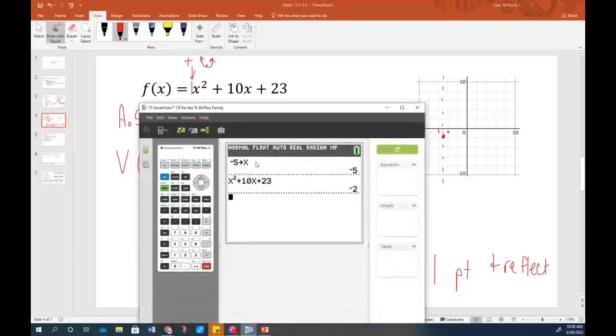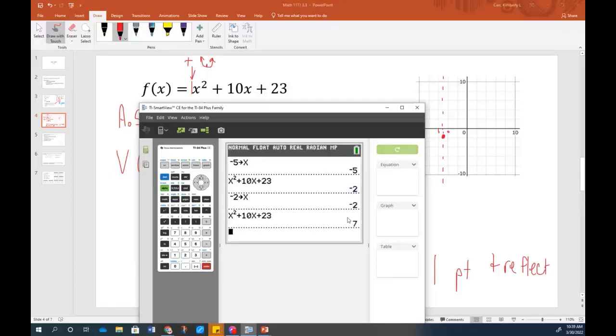I've got this. I can just change my x value and quickly plug in numbers. So maybe I want to plug in -2. See, -2 is right here on this graph. So if I plug in -2 and then I store it into x, then I can just go back up and copy that equation that I did before, and it will recalculate it for me.